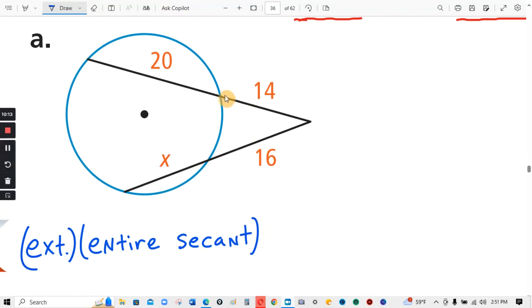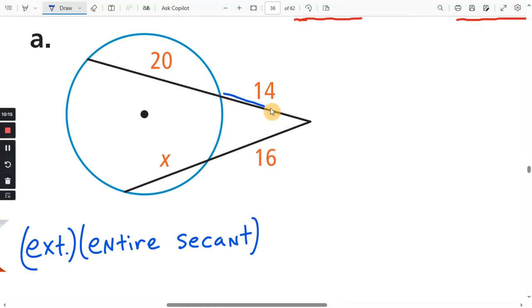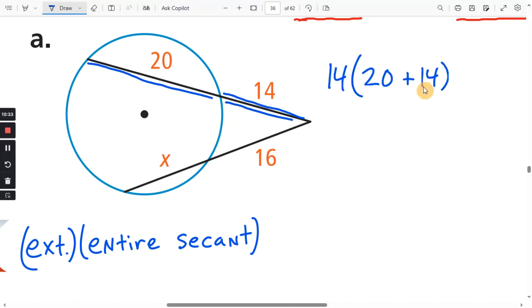All right, let's see. On this one here, the external segment is 14. And the entire segment is 20 plus 14. So it's going to be 14 times 20 plus 14. On the other secant, the external is 16. And the entire secant is x plus 16.